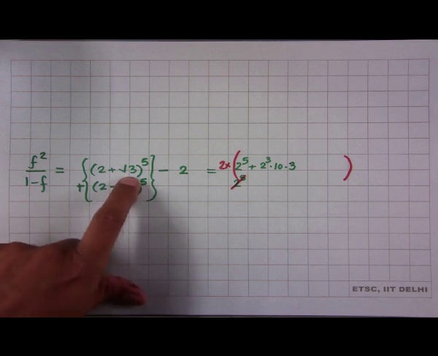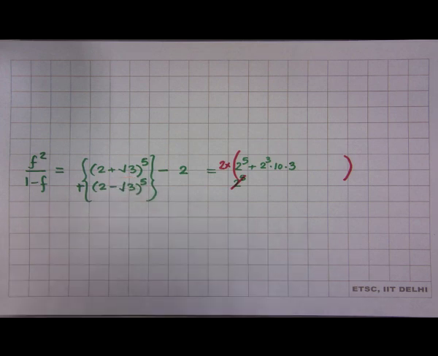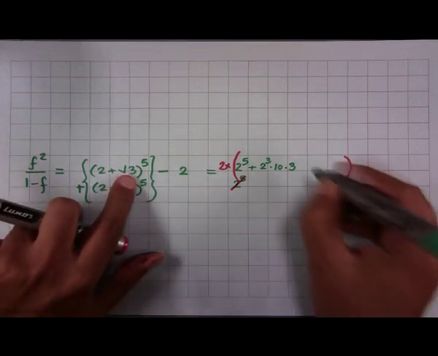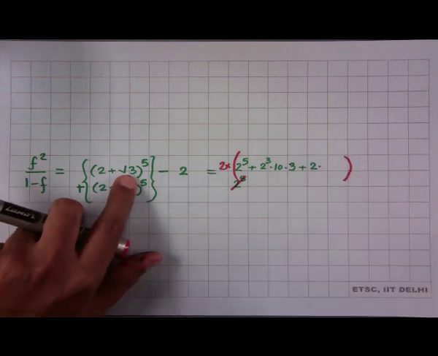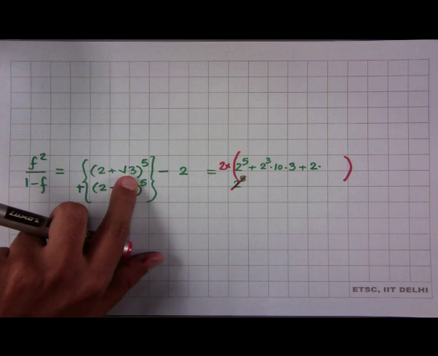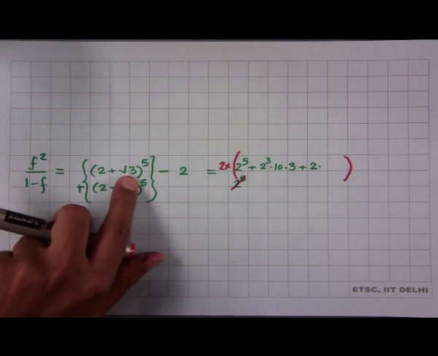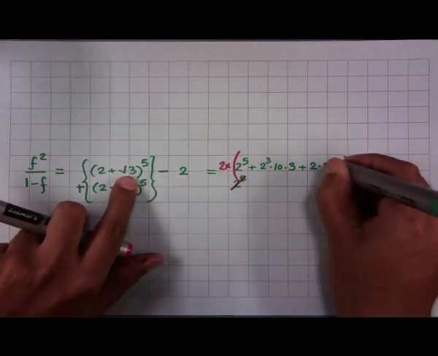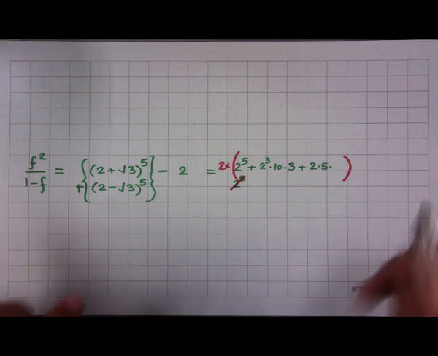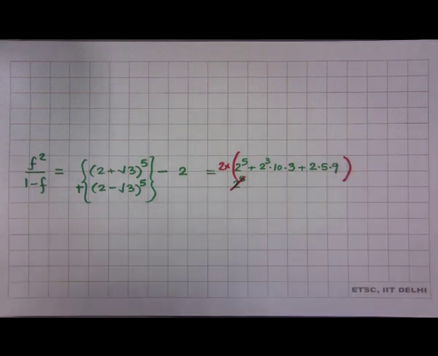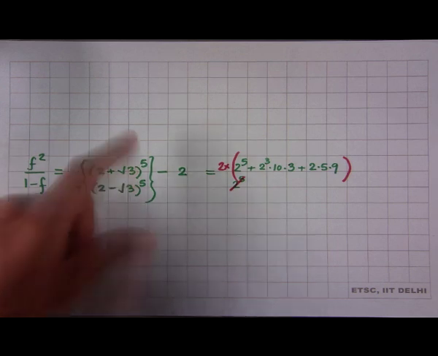The fourth term matters. What is going to be the fourth term? The fourth term is going to be 2 times 2 times 5C4, right, 5C4 is 5, and root 3 whole power 4, which is 9. Okay, and then the fifth term is root 3 power 5 minus root 3 power 5, they will cancel out.